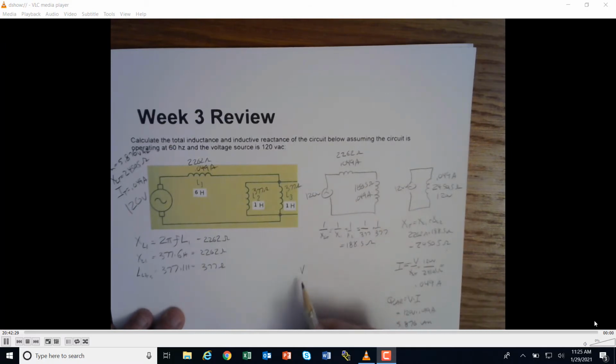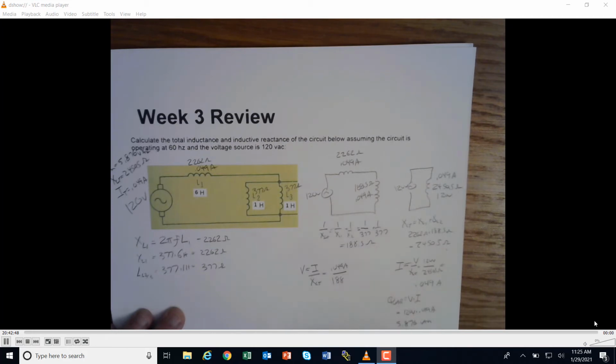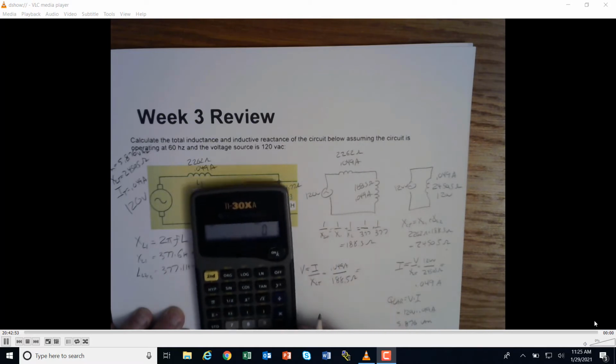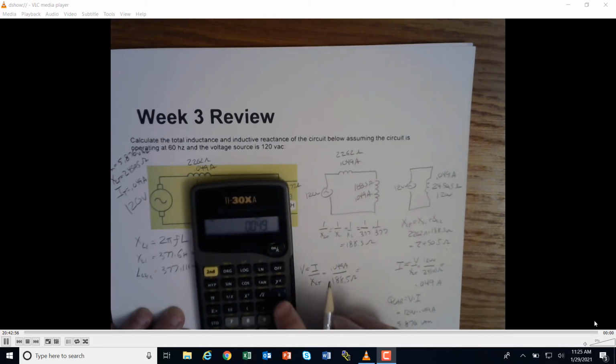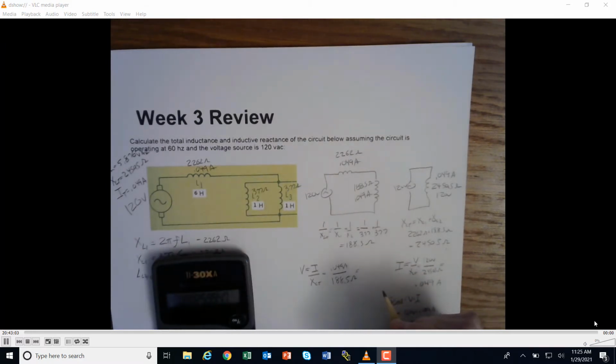Voltage, V equals I over R, but we're not using R, we're using V equals I over XL. So if I get my current, 0.049 amps over 188.5 ohms, I get 0.049 divided by 188.5 equals a pretty small number there.